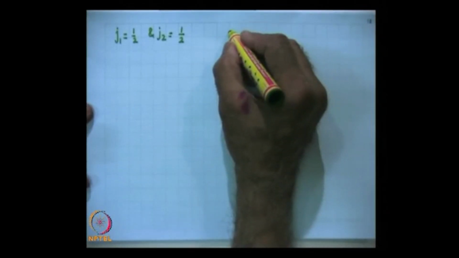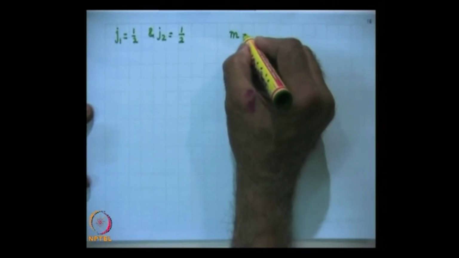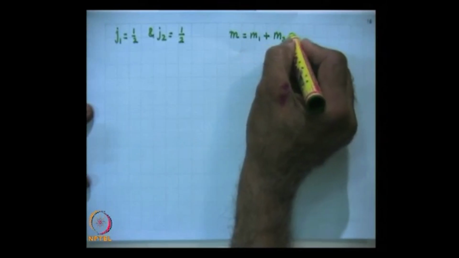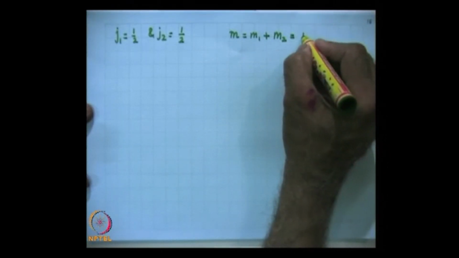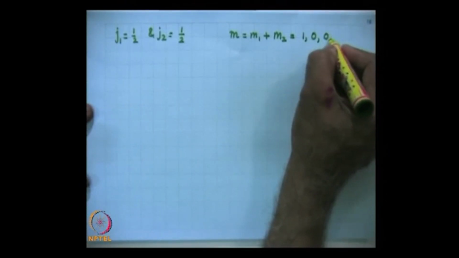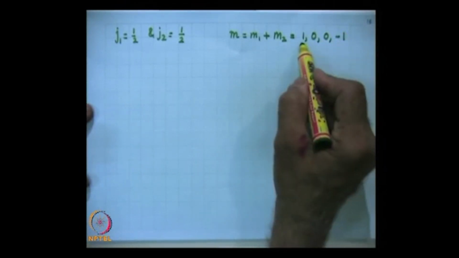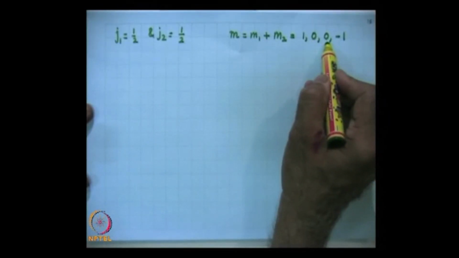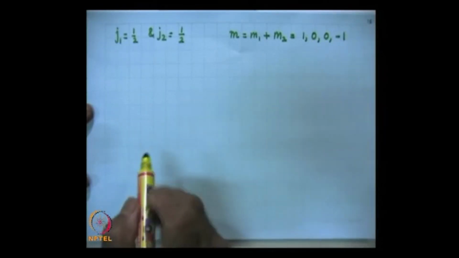So, therefore, the M value, which is equal to the sum of the two, M1 plus M2, will take the values 1, 0, 0 and minus 1: half plus half, half minus half, minus half plus half, minus half minus half.